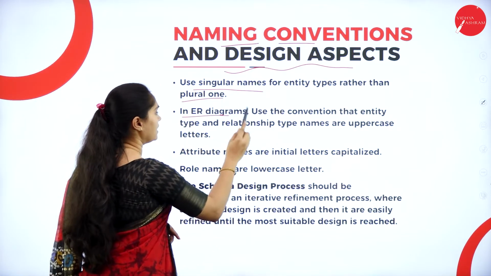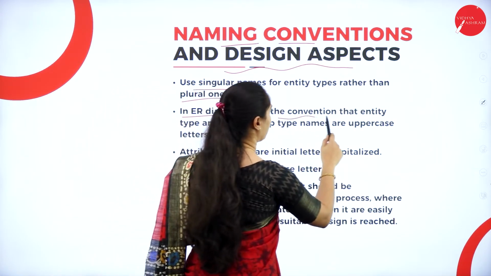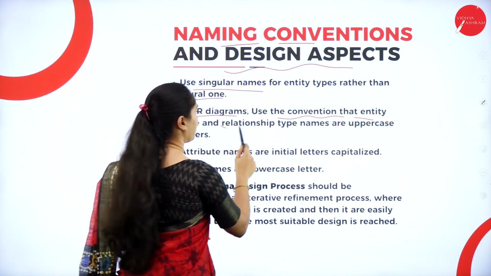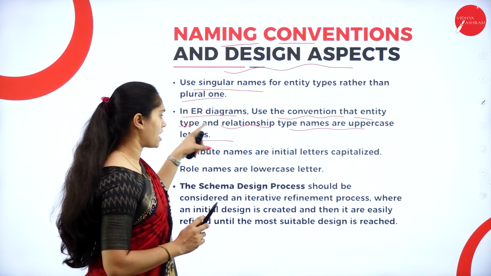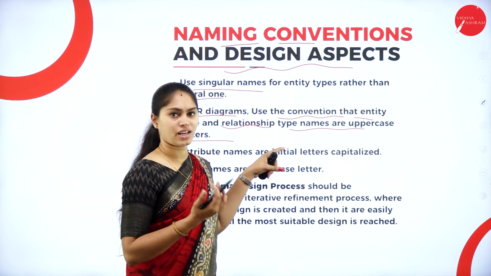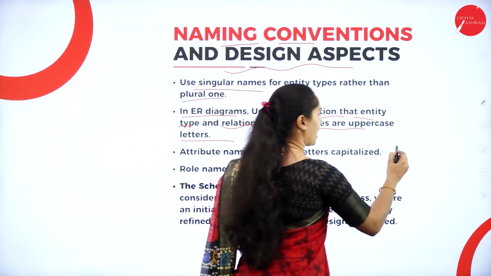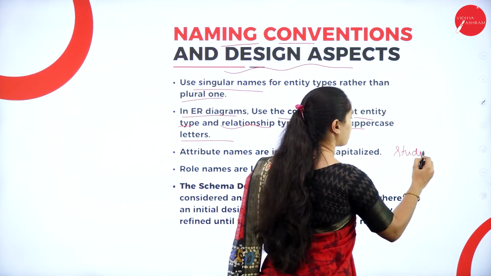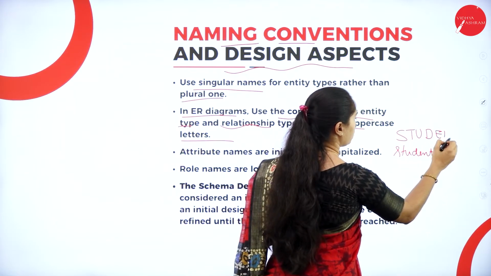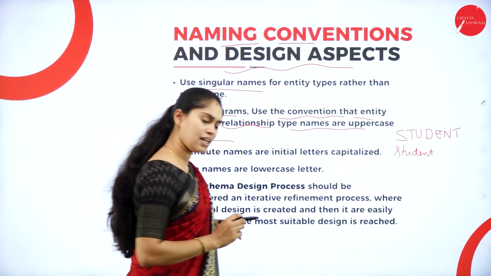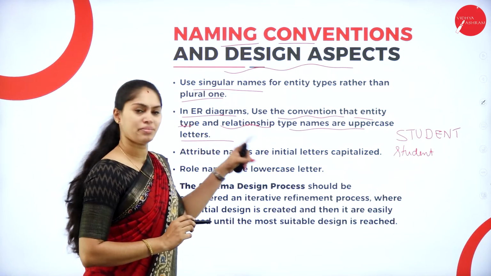And also in the ER diagram, we have to use the convention that entity type and relation type names are in uppercase letters. So if I consider a student, instead of writing it like this, I have to write it in uppercase. That will be helpful in order to identify whether it is an entity type or a relationship type.